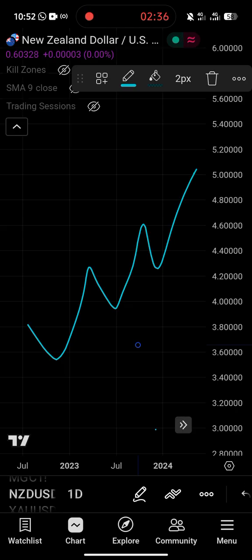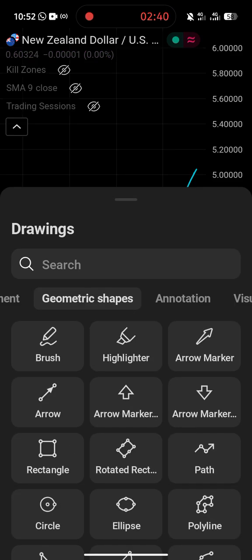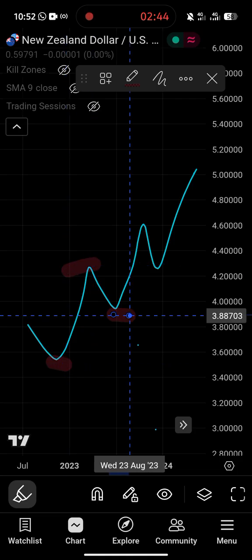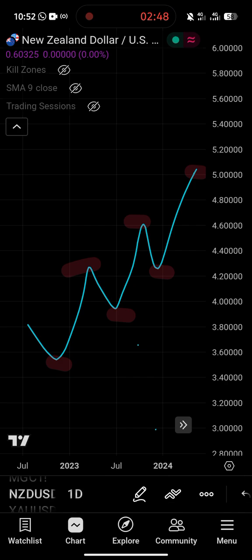And where are the peaks? These are the peaks. So those are the peaks. The wave creates peaks, and in an uptrend we have two peaks. Just like in physics, you have the highs and lows.